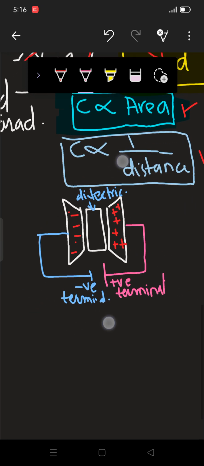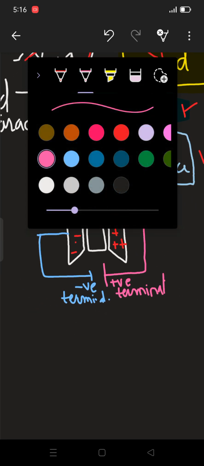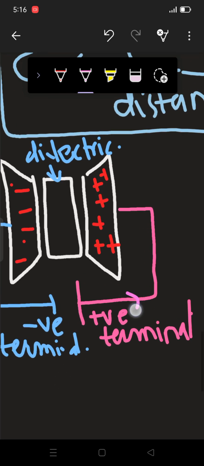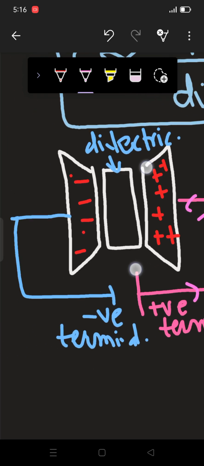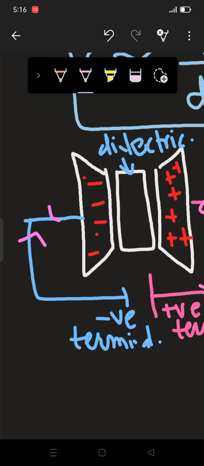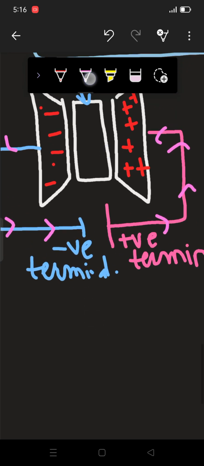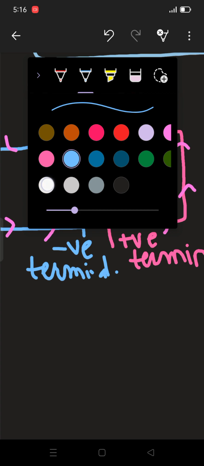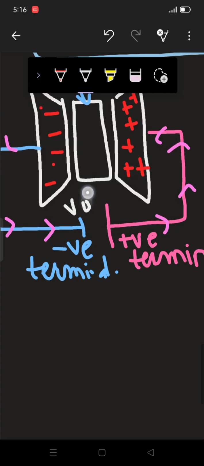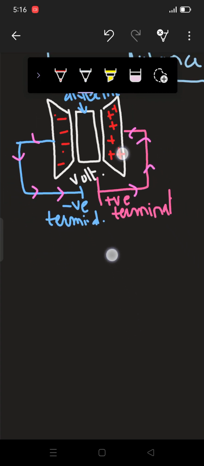Now we know that the charges will be moving from the positive to the negative, right? So now we have put a dielectric plate in it, and of course we have the battery, so voltage would be provided to it, potential difference, right?